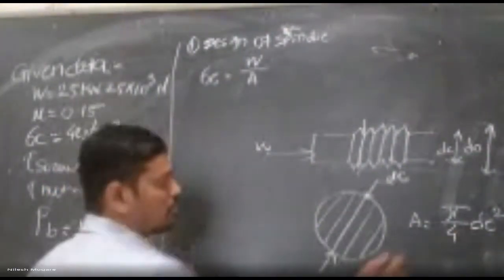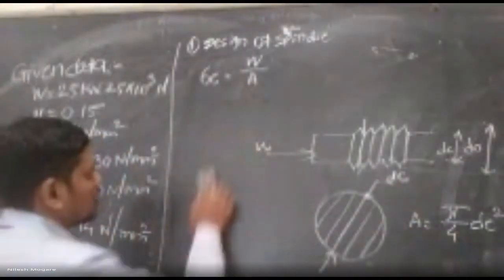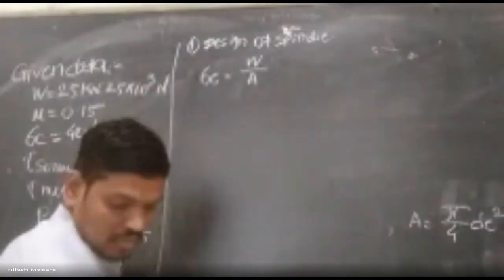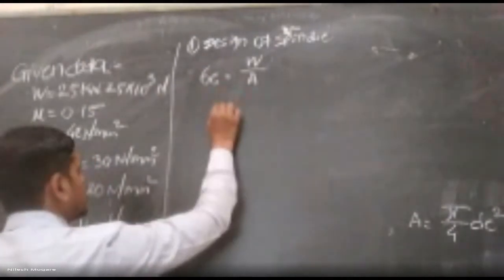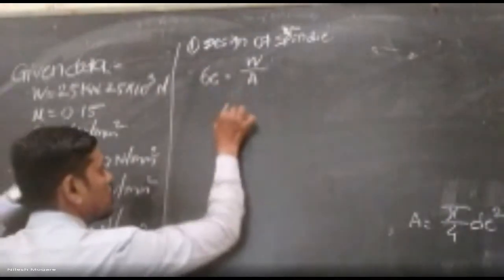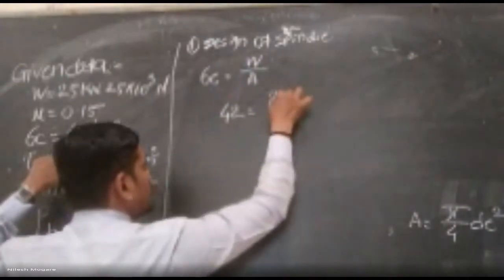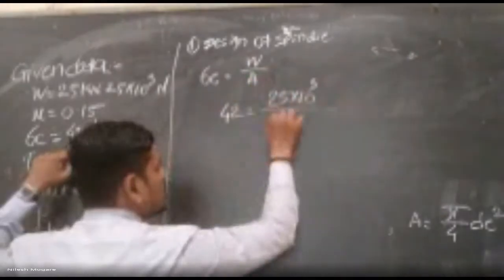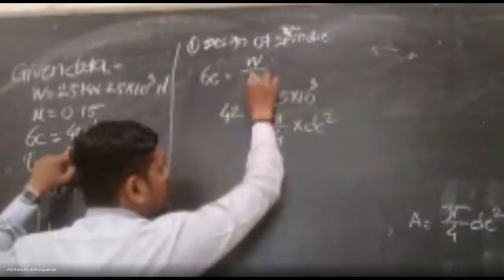So put the value of area in this equation. Sigma c is 42 Newton per mm square. Then W is 25 into 10 raised to 3 Newton upon pi by 4 DC square area.